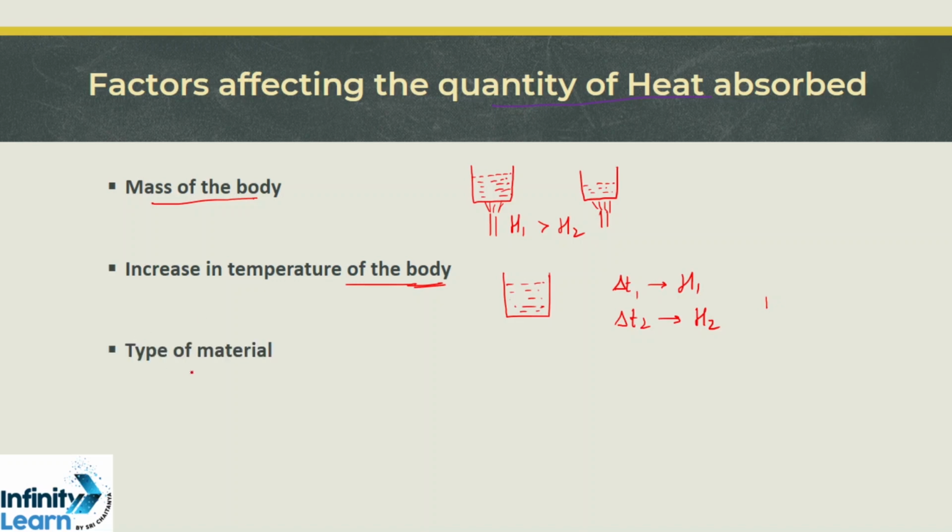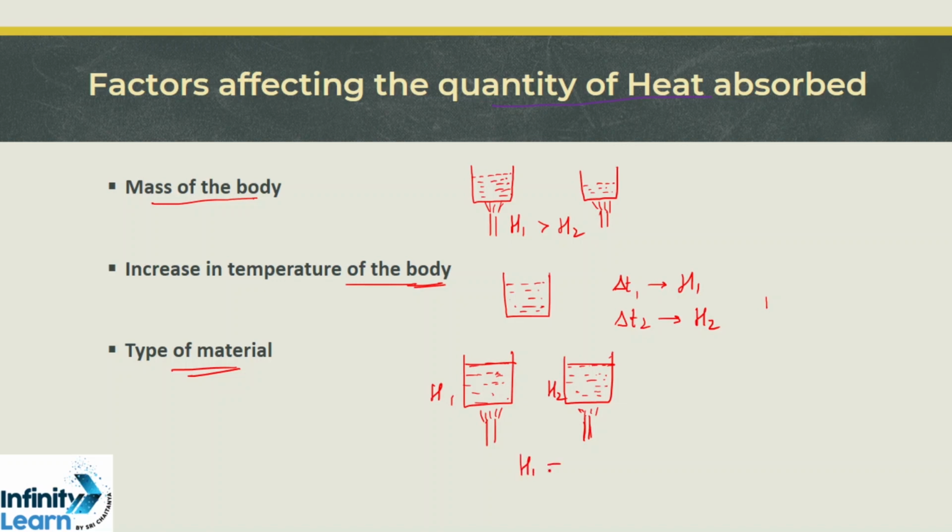And finally, the type of material. The type of material basically means that if you have two different materials being heated, let us say one utensil has water and another vessel has some other liquid, then the amount of heat required to raise their temperature, let us say by 5 degrees Celsius for both liquids, will be different even though the quantity of material is the same.